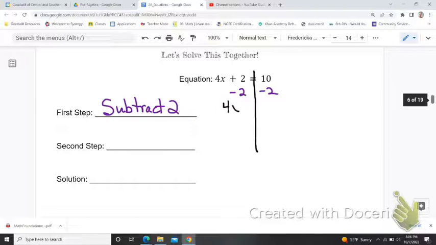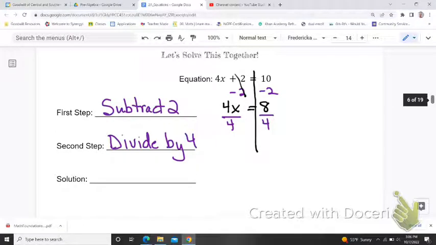Now this is just 4x, because plus 2 and minus 2 makes 0, and 4x plus 0 is just 4x. 10 minus 2 is 8. And then my second step is going to be to divide both sides by 4. And we get x is equal to 2.